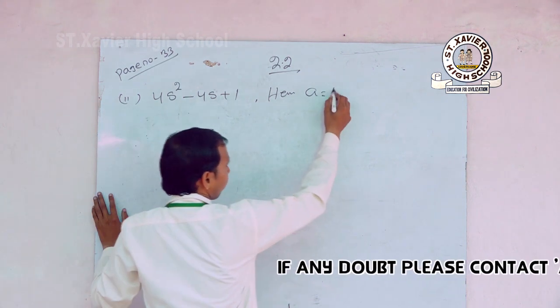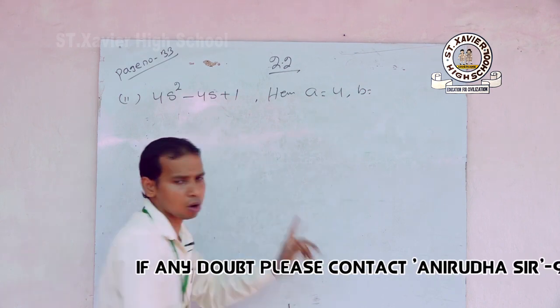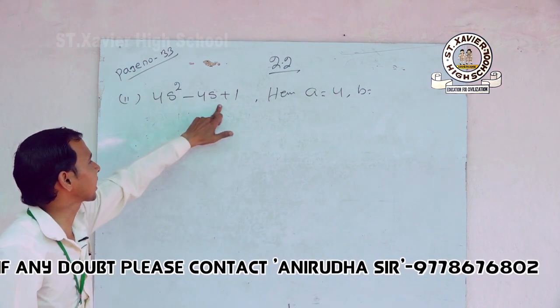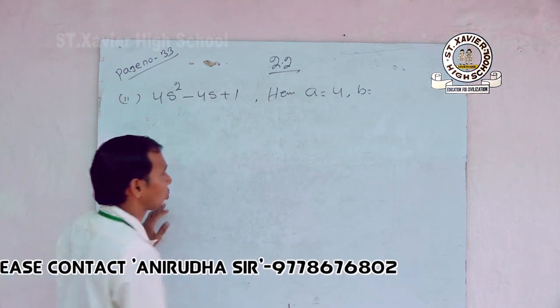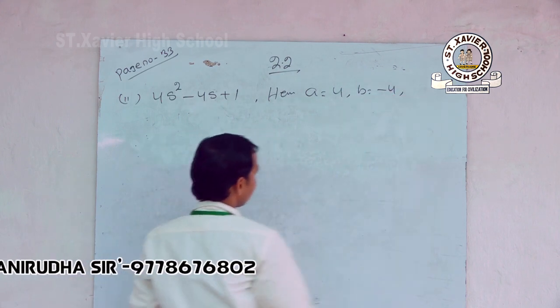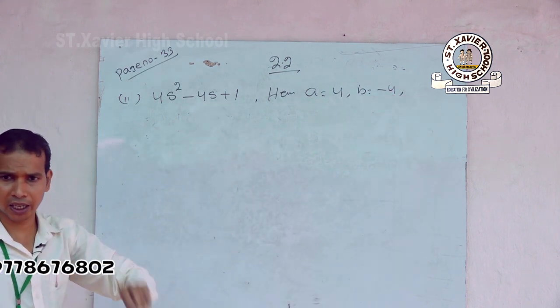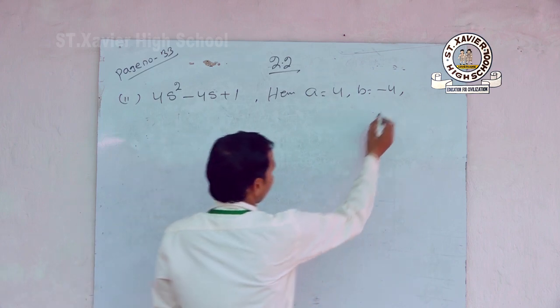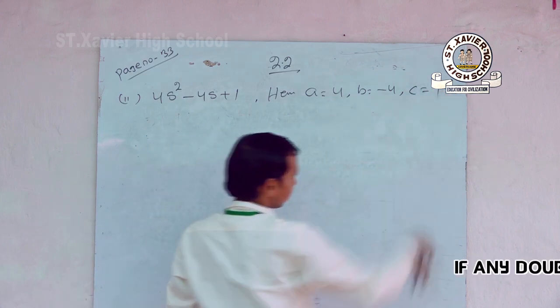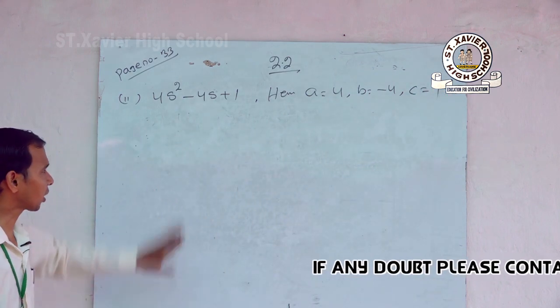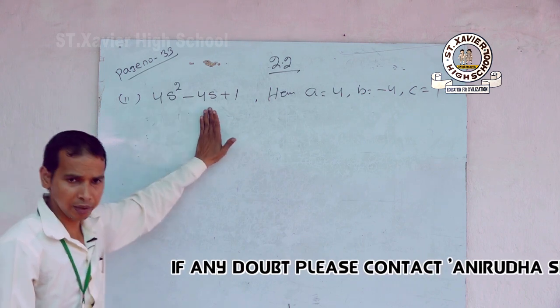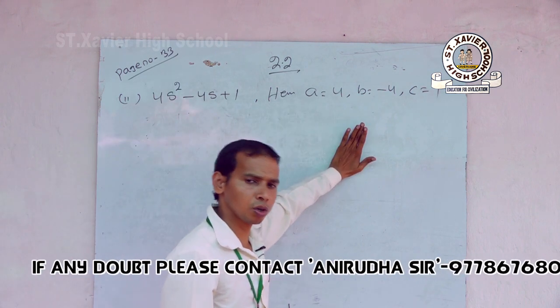So a is 4. b is the coefficient of s. The coefficient of s here is -4. So b is -4. And c is the constant term. So the constant term here is 1, c equal to 1. Okay, a is 4, b is -4 and c equals 1.